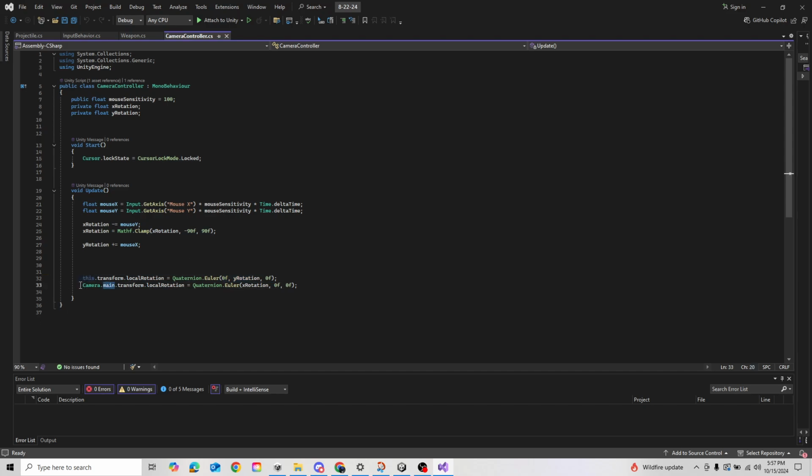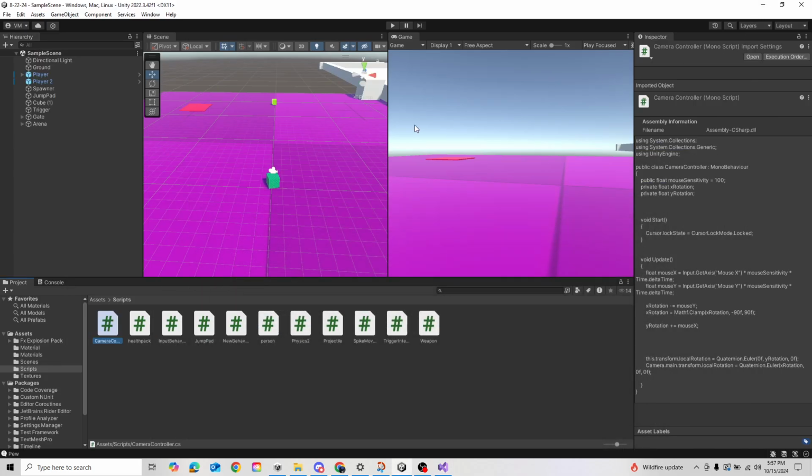And this one, Camera.main, so that the camera also moves with the mouse, and they're both here so that they move together. The y rotation is because the player just needs to rotate in place, while x is for the camera, so that it can also rotate in the other axis and move around.